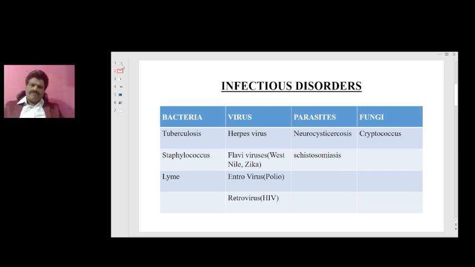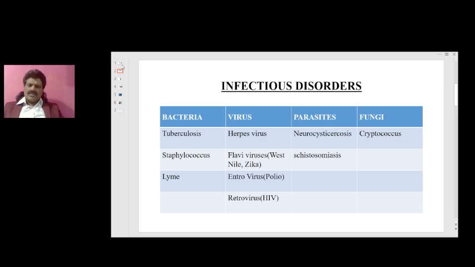Amongst the viral infections of the spinal cord, the commonest organisms are herpes virus, flaviviruses, that is West Nile virus or Zika virus, or enteroviruses like poliovirus and retrovirus, that is HIV. Amongst the parasites we have neurocysticercosis, that is Taenia solium, and schistosomiasis.